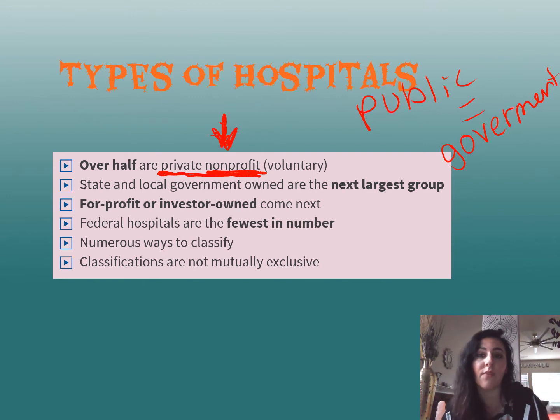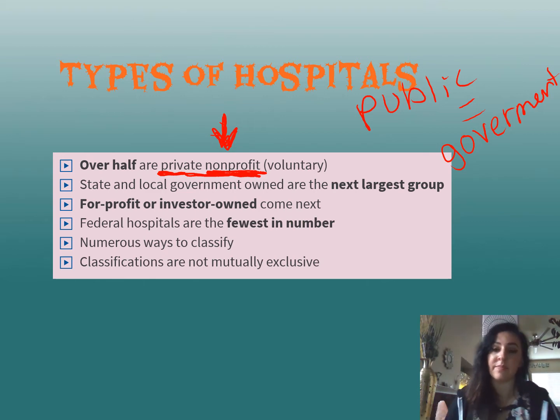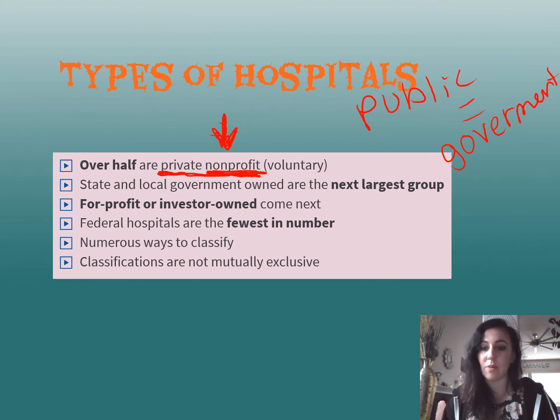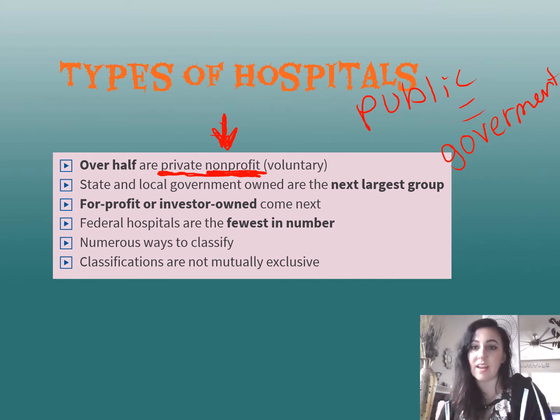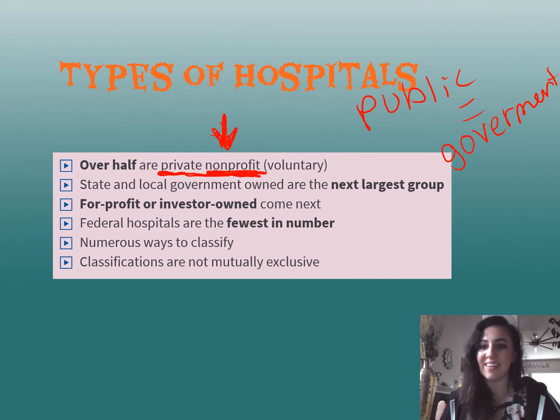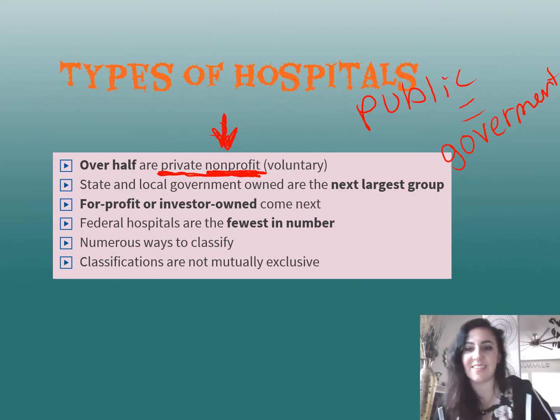Private for-profit businesses, yes, they're going to have investors. They're going to try to get as much profit as they can out of the business because they want that return on their investment. That's the difference between nonprofit and for-profit, and then of course public, which is government.